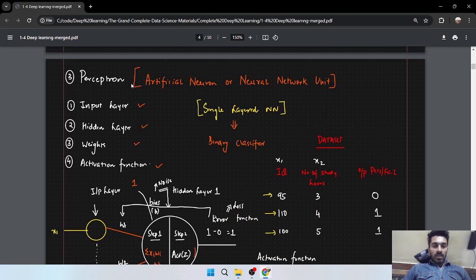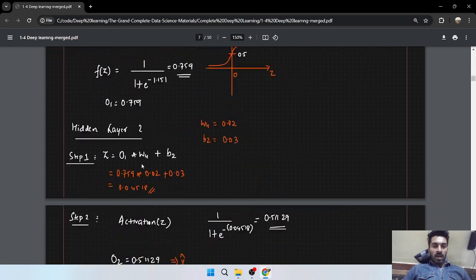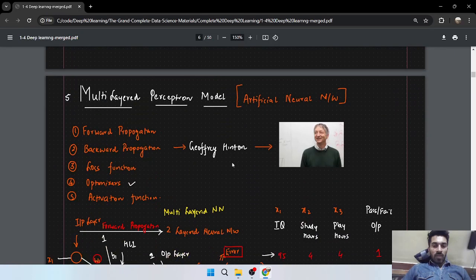Inside the ANN, or we can say a perceptron, there is an input layer, a hidden layer, weights, activation functions, optimizers and losses. And this is Geoffrey Hinton, who designed the deep neural network.